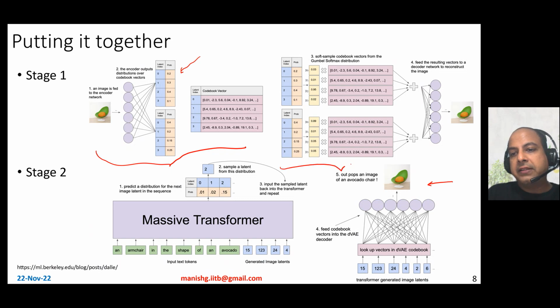And the decoder tries to decode these codebook vectors by sampling from the latent using Gumbel softmax relaxation and so on, so as to make sure that it can reconstruct the image. In stage 2, you take the caption and the generated image latents. You train the transformer such that when you take these latents and pass them to the decoder of the dVAE, it can actually reconstruct the image nicely.